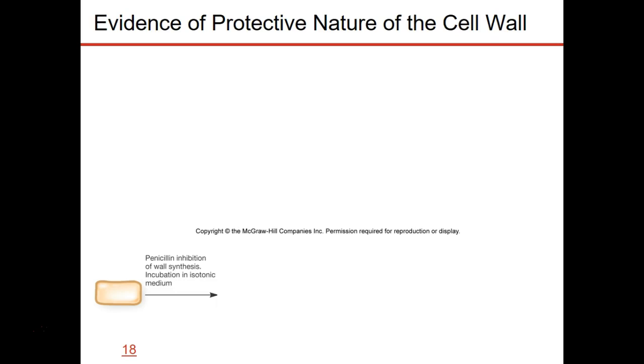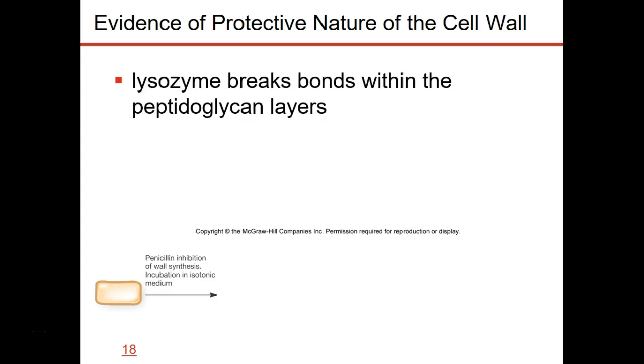So what happens, the destruction or the inability to produce peptidoglycan doesn't cause the bacterial cell to die. But instead, it will inhibit the cell wall formation. And the cell wall is what protects bacterial cells from osmotic lysis.